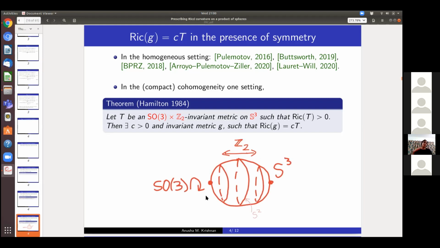This is the one dimension up version of the usual rotation action on the two sphere. There the orbits are the circles of latitude. Here the generic orbits of this group action are two spheres collapsing at the endpoints to these fixed points of the group action. Okay, so that's the basic SO3 acting on the three sphere. And we also have this additional Z2 symmetry, which is reflection about this middle S2 orbit. Okay, so that is the setup.